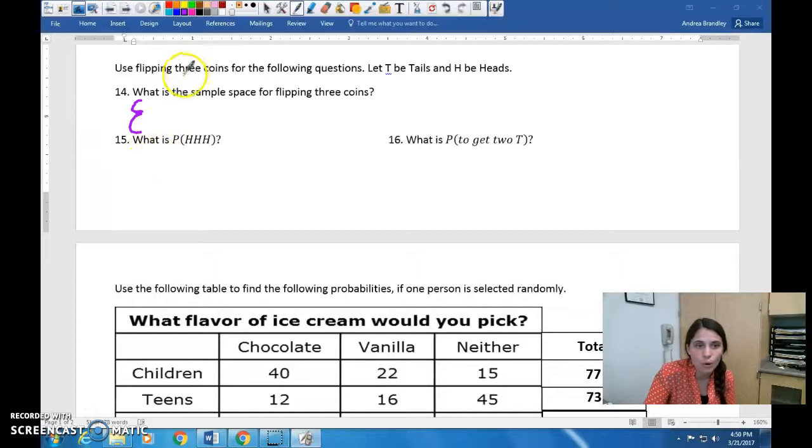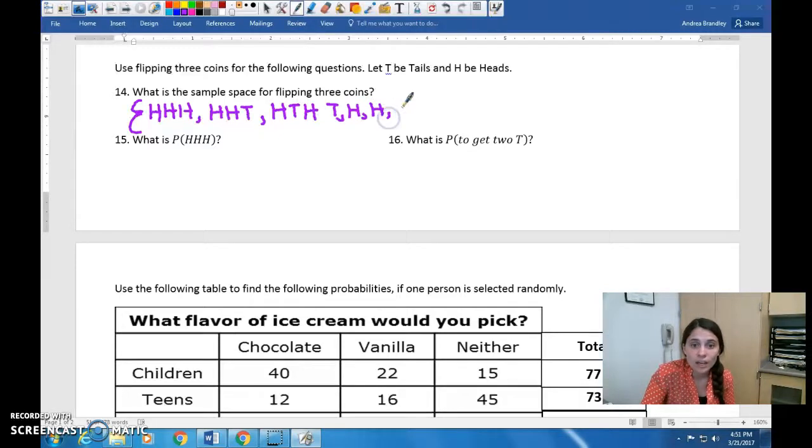I flipped 3 coins. So I could get a heads, a heads, and a heads. Or I could get a heads, a heads, and then a tails. Or I could get a heads, a tails, and then a heads. Or I could get a tails, and then a heads, and then a heads.